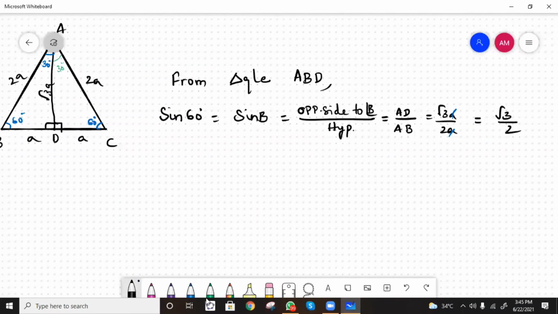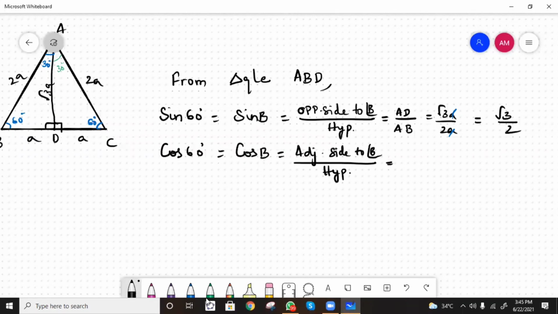Let us move to cos 60. What is cos 60? It's nothing but cos B. The definition for the trigonometric ratio cos is adjacent side to angle B by hypotenuse.